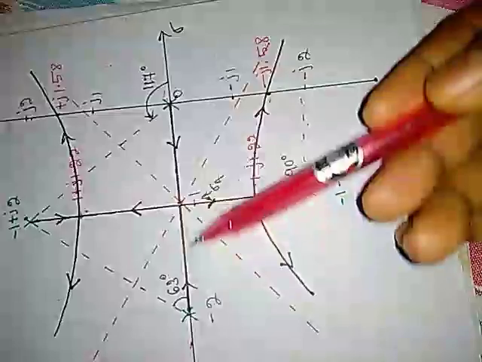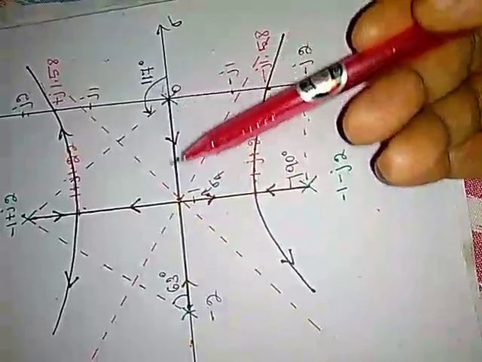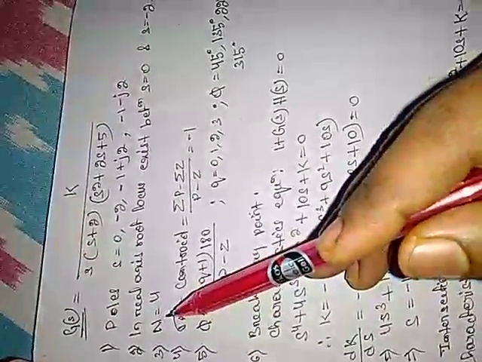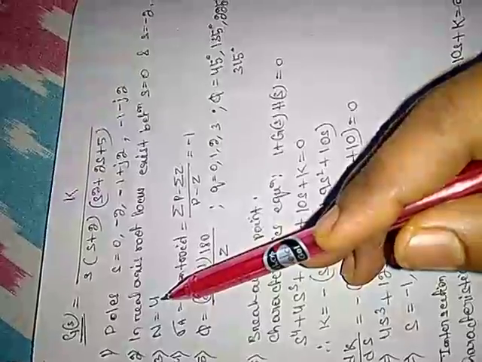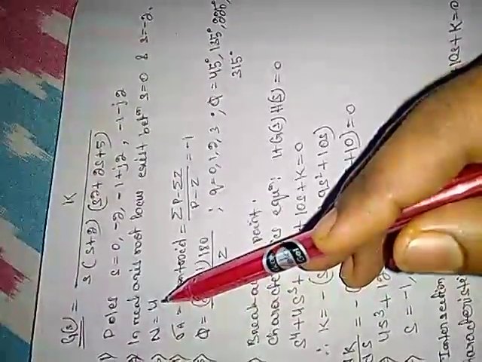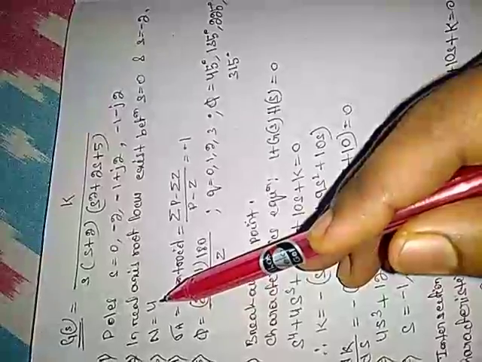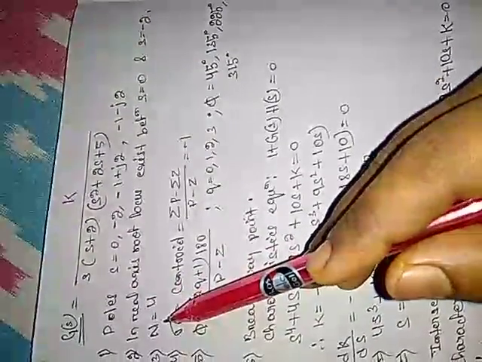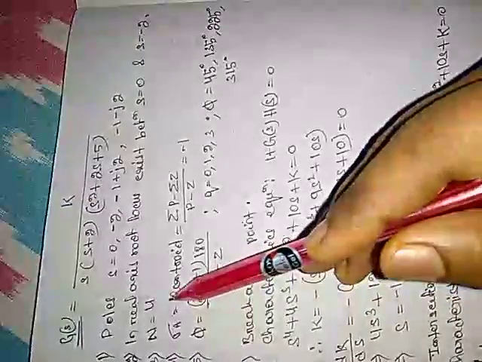These two branches move towards each other. Next step, you find the number of root loci, that is the number of poles or zeros, whichever is greater. Here zeros are not present, only poles are present. There are 4 poles, so the number of root loci is 4.